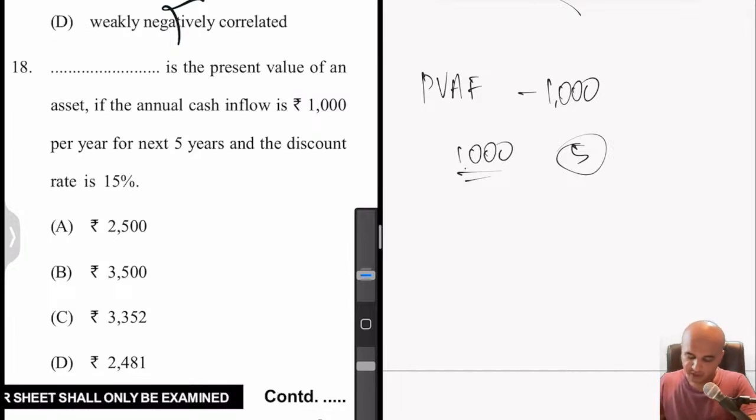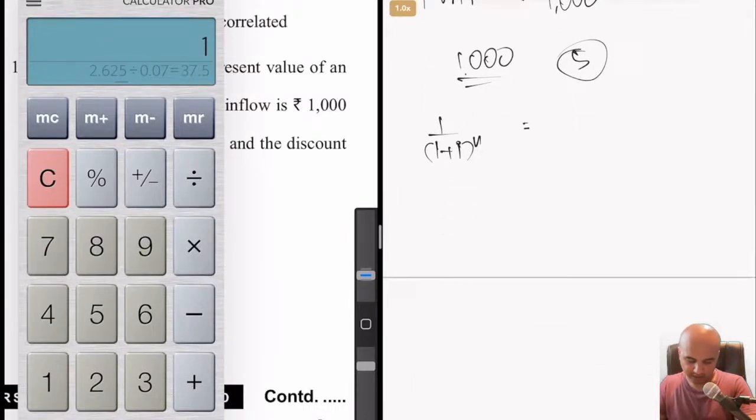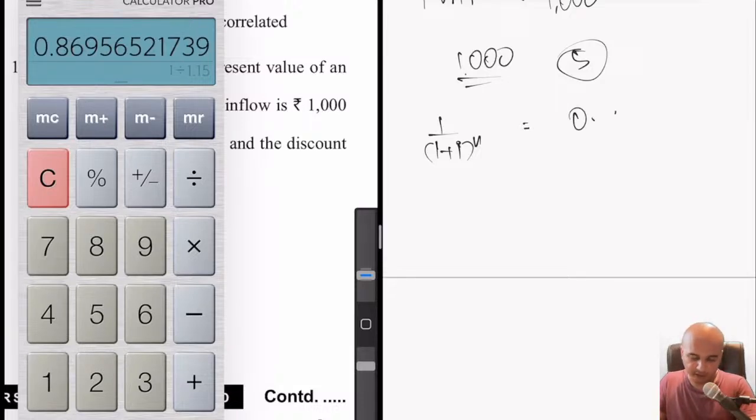Let's see. So now, the easy way to identify the present value is, I'm sure you know, 1 divided by 1 plus i to the power of n. So when you do that, you will get the value. Let me just quickly do that. 1 divided by 1.15, that is 0.8696.